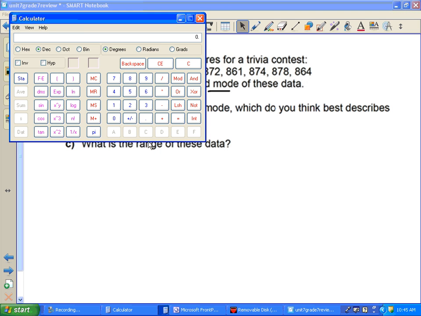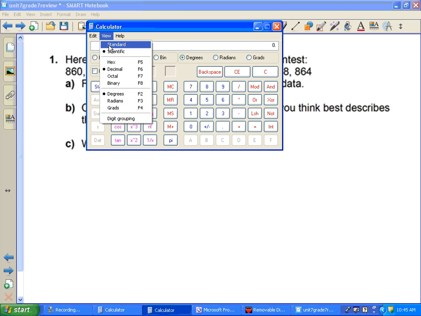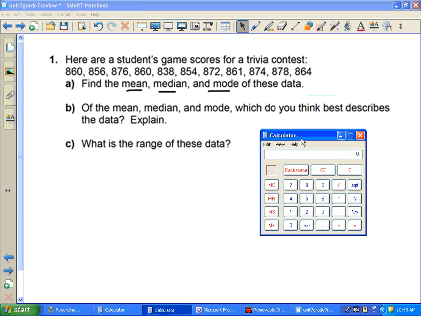So I'm going to add up all of these scores, and I think I'll use the standard calculator, it's a bit easier to use.